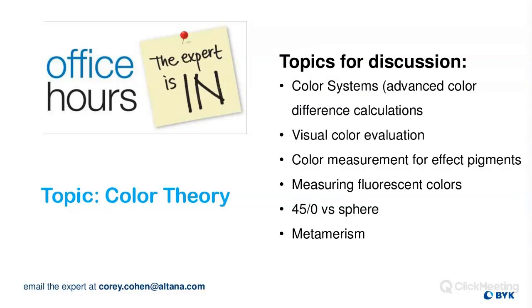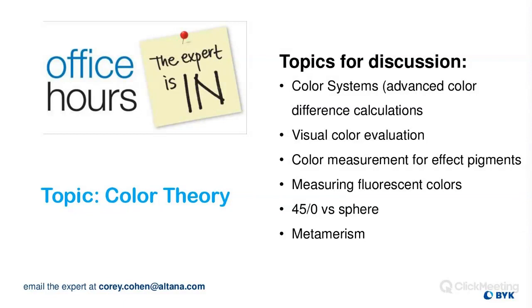And really, with these instruments, you can test under multiple light sources at the same time. So it's not like you have to take multiple measurements. You can actually select a few light sources and see how the color numbers will differ, or how the color differences will differ if you might be dealing with some metameric colors.